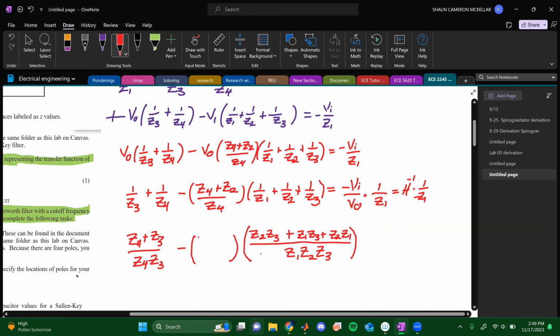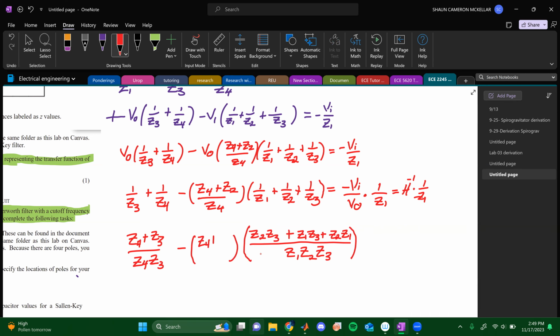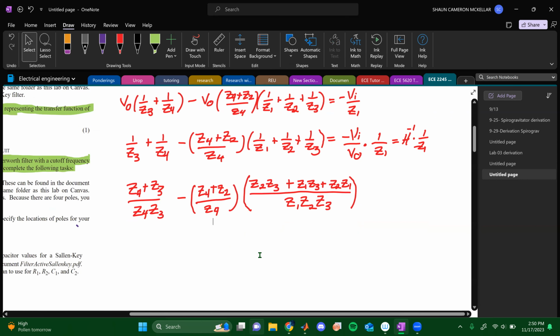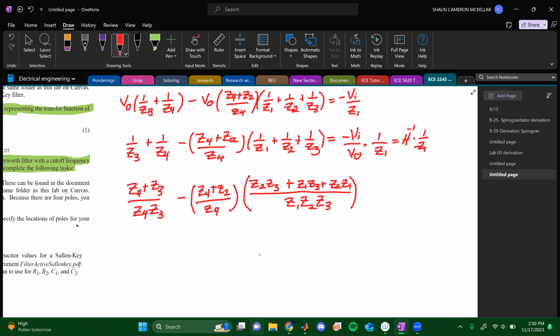So I'm just gonna continue to write this out. And like I mentioned, this is kind of a tedious derivation, but we can get through it pretty quickly. So the next step is to simplify this expression.